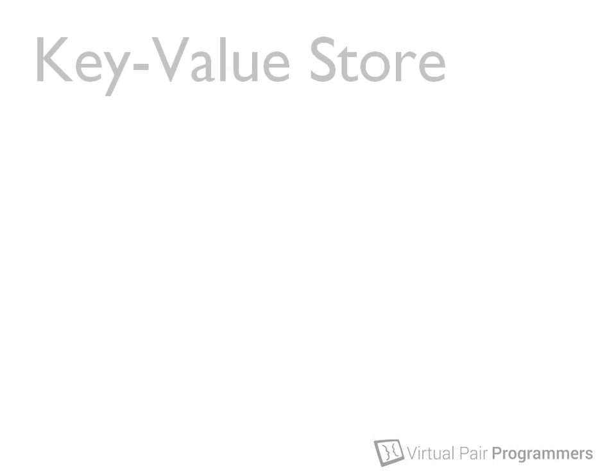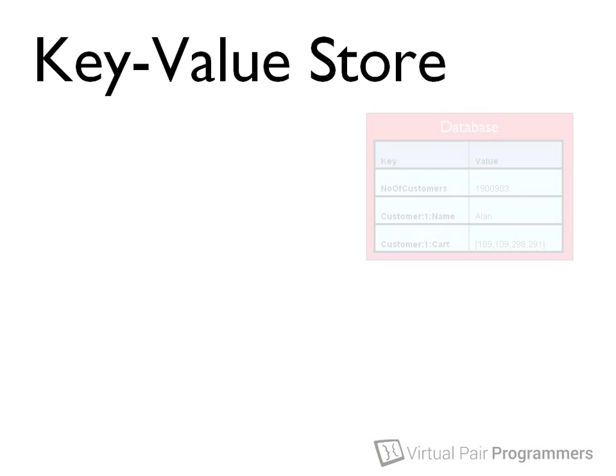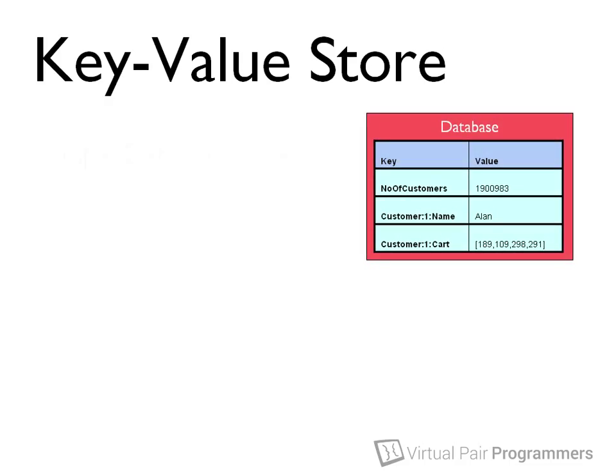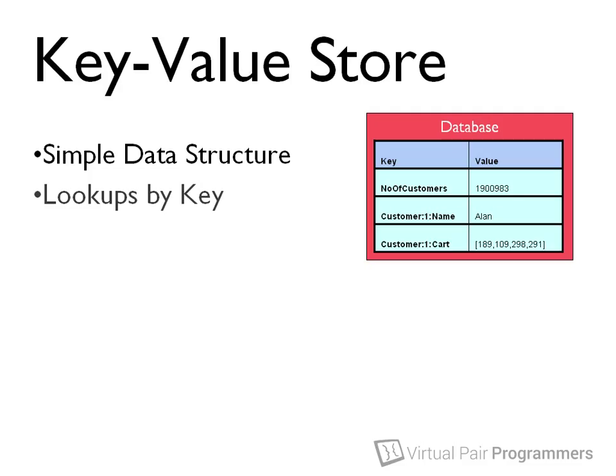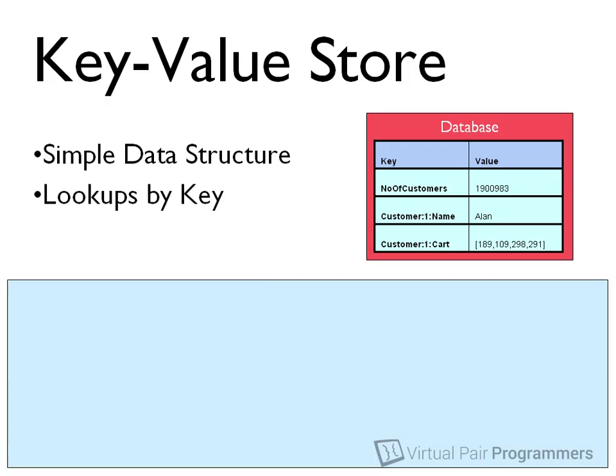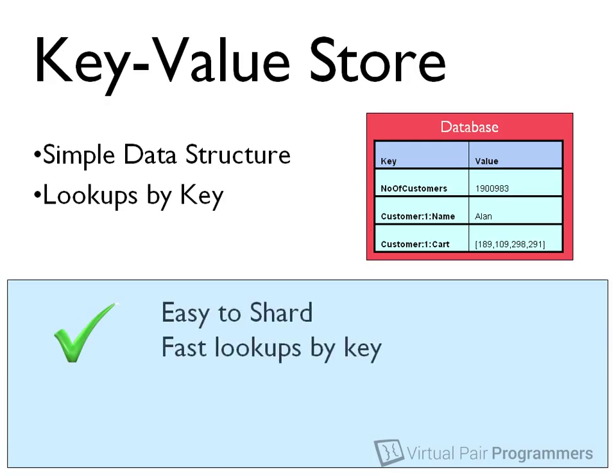Now, key value stores work with very simple data structures. If you're familiar with the concept of a hash map in Java, then that's really what a key value store is. You add in as many data items to the database as you want, but each has a unique key. Now, key value stores are really easy to distribute over multiple computers using sharding.